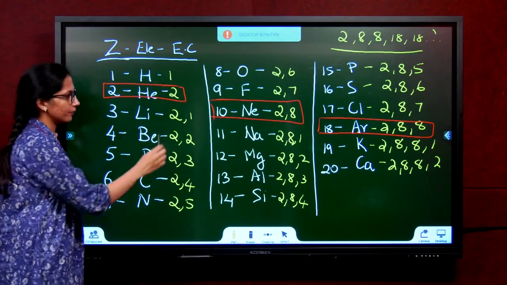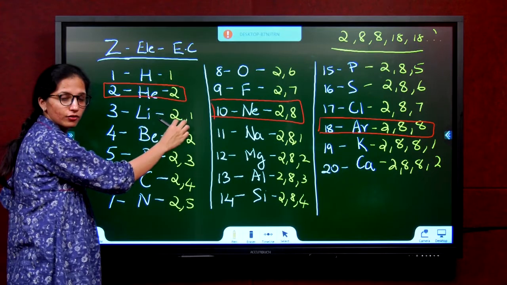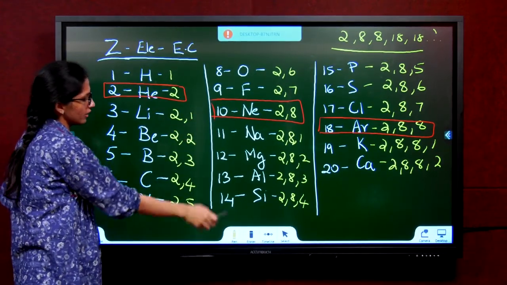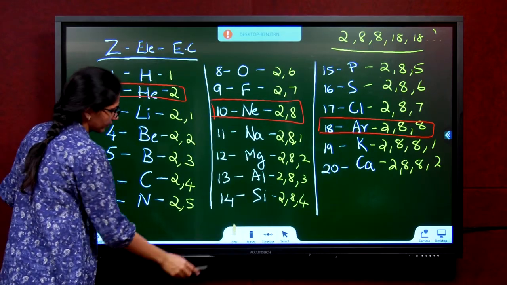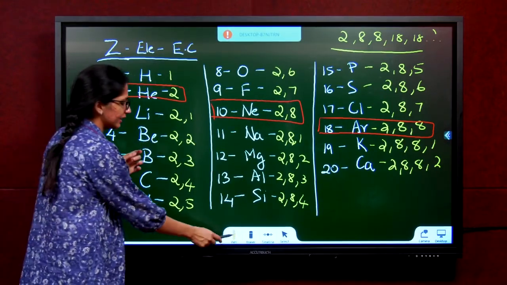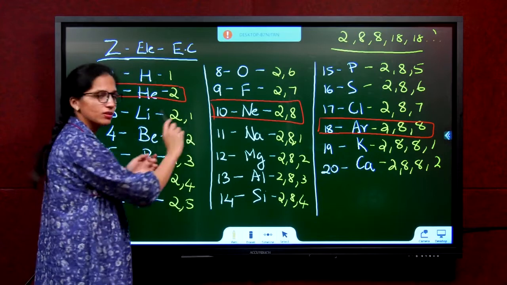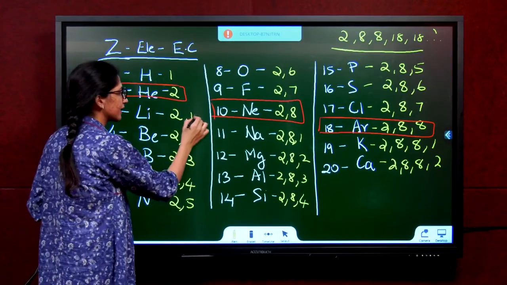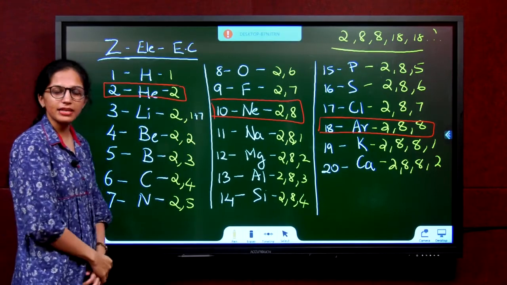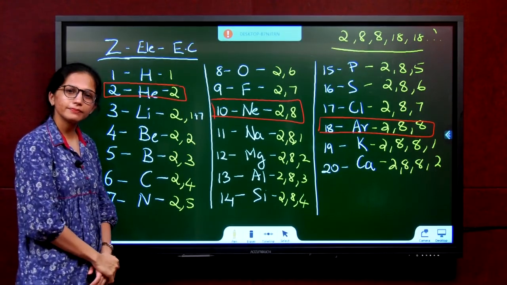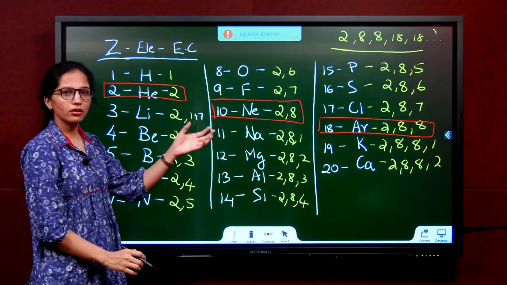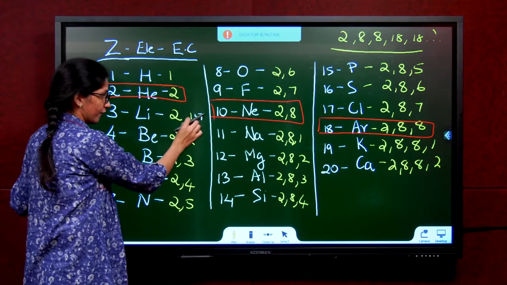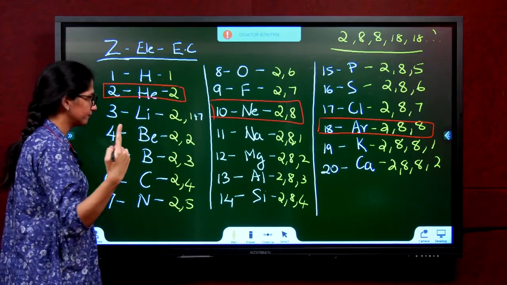Starting from lithium, it has one electron. Now, it has two options. It can either give away this one electron and become stable, or take another 7 electrons and become stable. Which is better? To give away that electron or to take electrons? If it gives away, it has to just give 1.